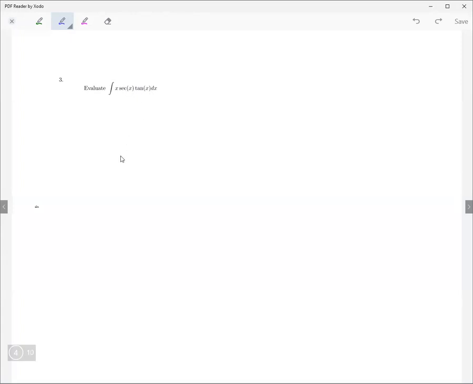Isn't that the derivative of secant x? Yes, that's the derivative of secant. No, I'm sorry, what am I doing? So the derivative of secant x is secant x tangent x.